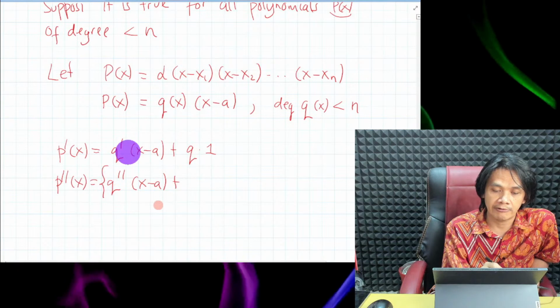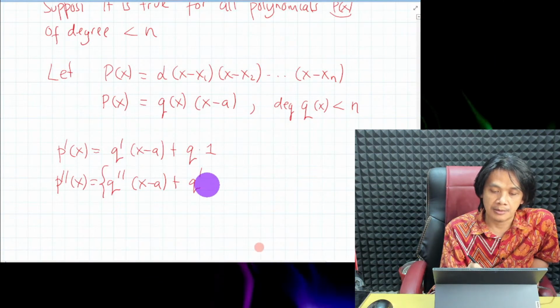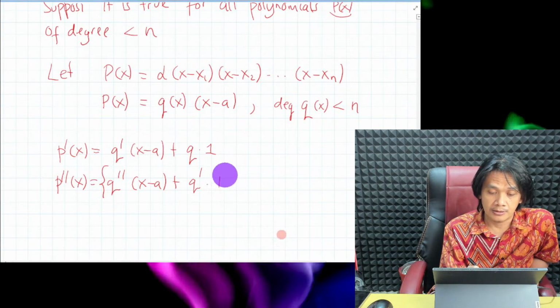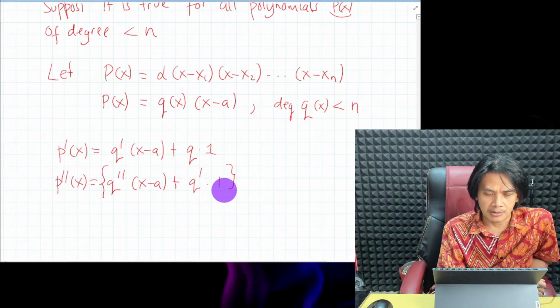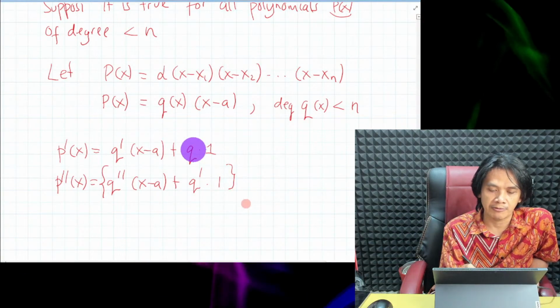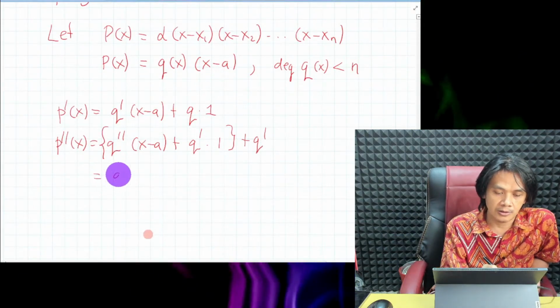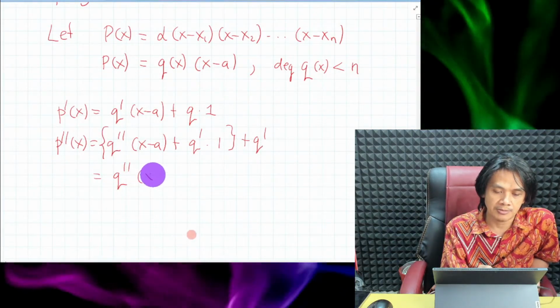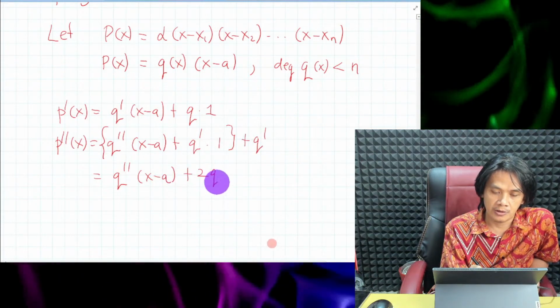So take the derivative of the first term, q prime times 1. Okay, and then take the derivative of this, which is q prime. So this is equal to q double prime x minus a, and then this is twice of q prime.